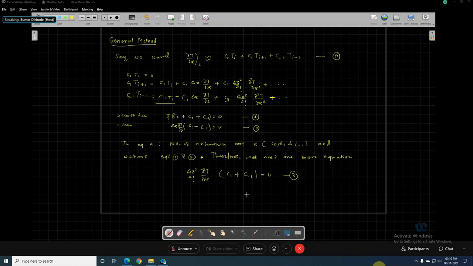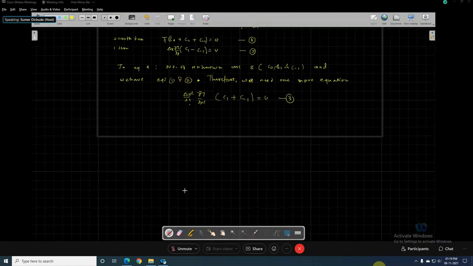So solving these three equations, which also means solving C naught plus C1 plus C minus 1 equals to 0, and C1 minus C minus 1 equals to 0, and C1 plus C minus 1 equals to 0.